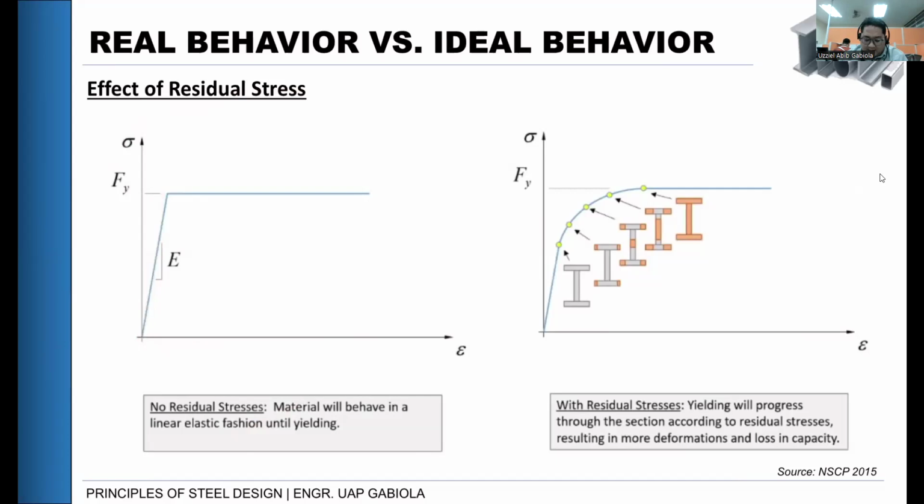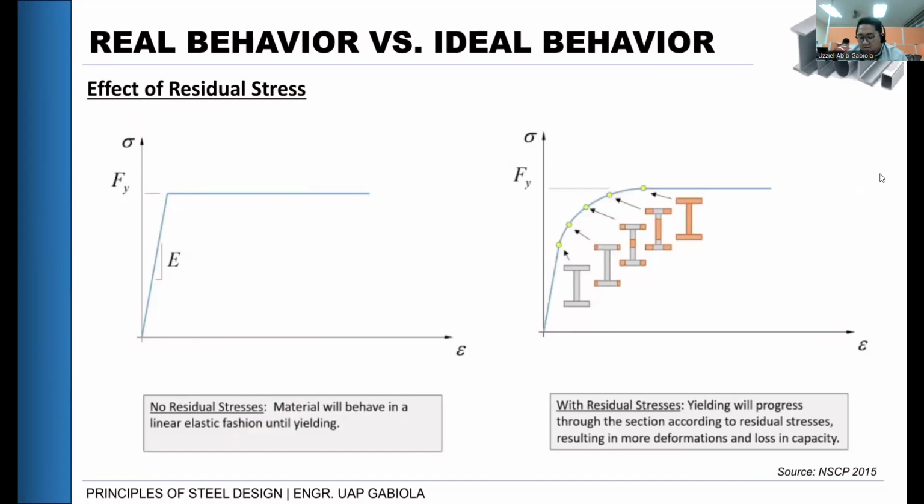And then ma-attain na natin yung Fy natin, and then yun na yung capacity niya all throughout. Pero in reality, habang lumalamig pa yung mga portions, ang unang lalamig yung mga tip. So, yung development niya gradual, hindi siya linear.